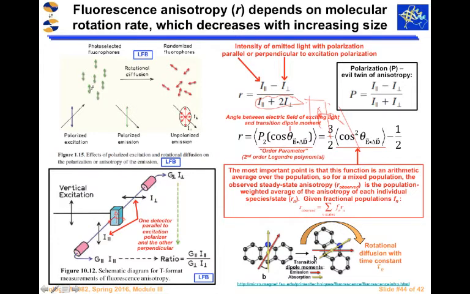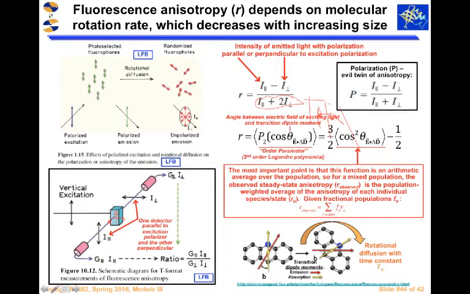So what happens is once we excite the molecules, the rotational diffusion is a stochastic process. They'll all have rotated to a somewhat different extent. So by the time the emission happens, we will have an ensemble of molecules with different orientations of their transition dipole moments.